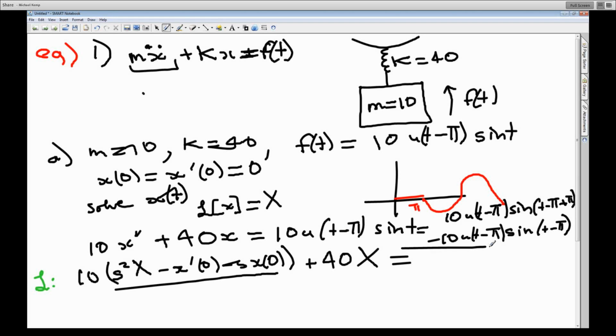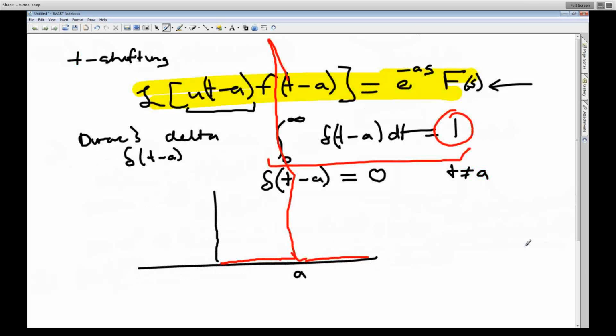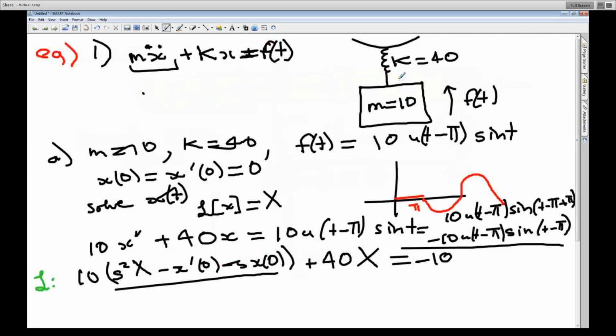So when I take the Laplace transform of that, the minus 10, because it's linear, just sticks around. And we've got u of t minus pi times sine of t minus pi. What t-shifting says is that would be equal to an exponential e to the minus pi s times the Laplace transform of the underlying function, which in this case is sine.